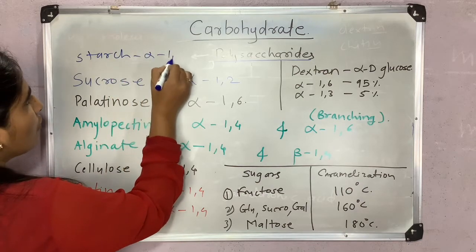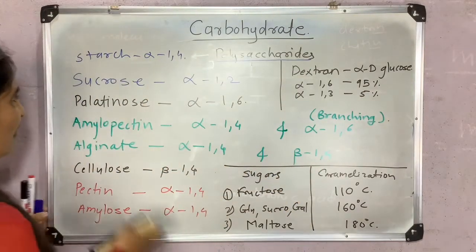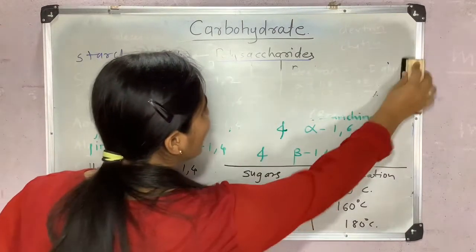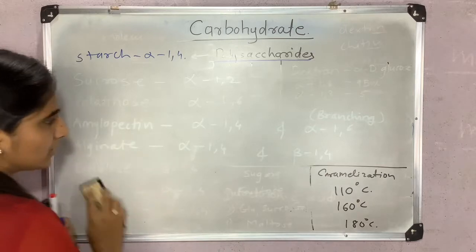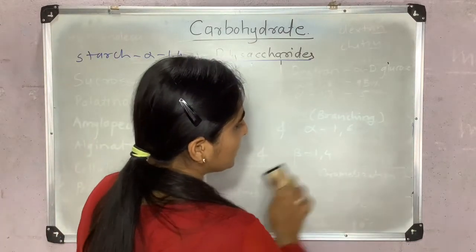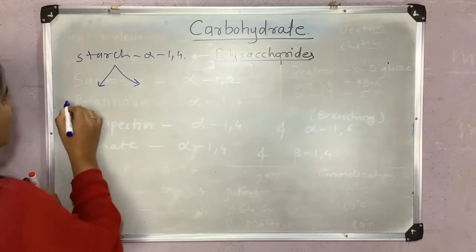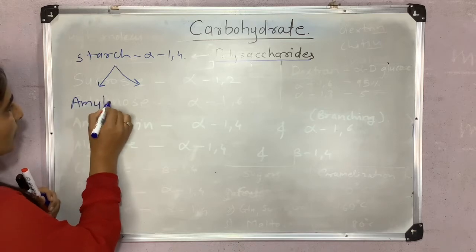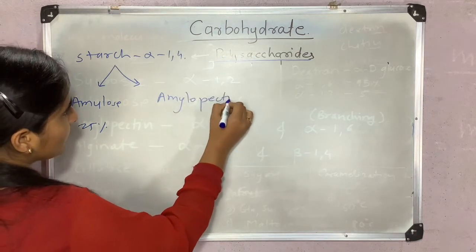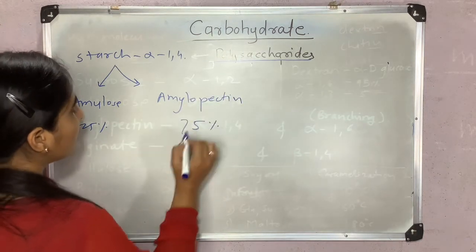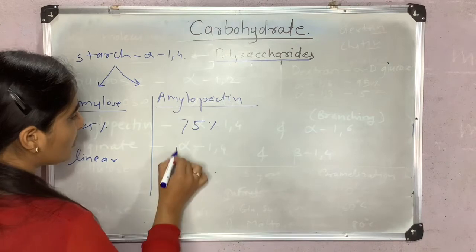Also, starch has alpha 1,4 linkage, and starch is made up of two polysaccharides, which are amylose and amylopectin. In cereal starches, there is 25% amylose and 75% amylopectin. Amylose is a linear polysaccharide and amylopectin is a branched polysaccharide.